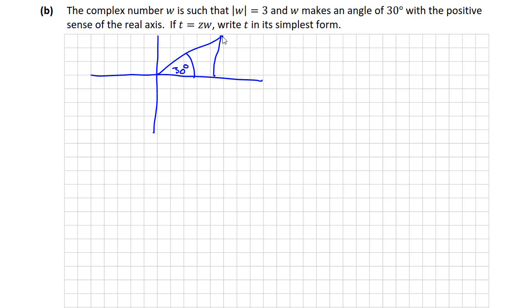If we make this point here w, we know the distance from the origin is 3, so we can write w straight away in terms of sine and cosine, and we'd say w is equal to 3 times cosine 30 degrees, which is pi over 6 radians, plus i sine of the same.